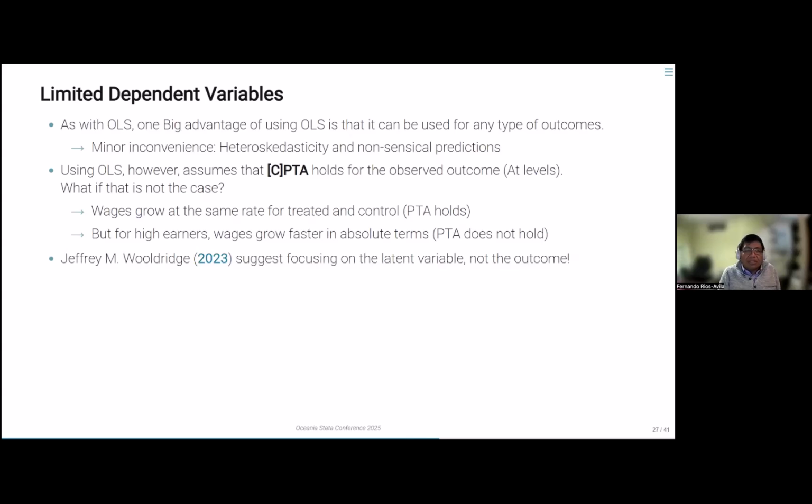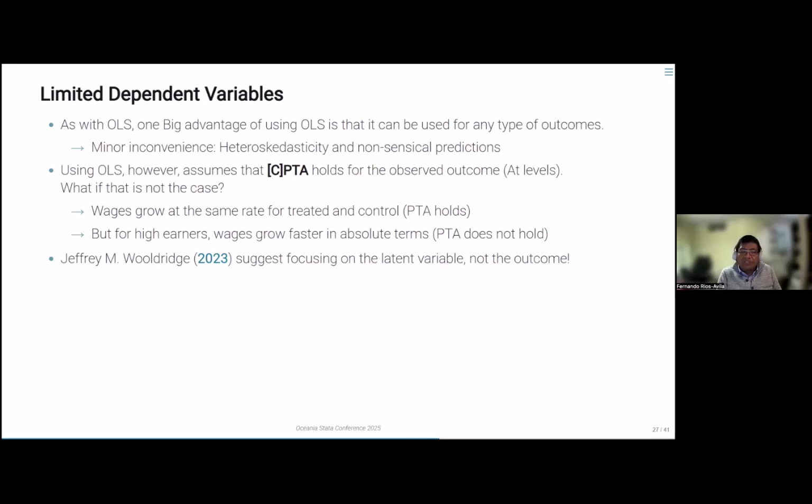One of the examples that is out there is, what if, for example, wages for two groups, the treated and the untreated, all grow at the same rate, but the group with high earnings, their wages are going to grow faster in absolute terms, which might suggest that the PTA does not hold.